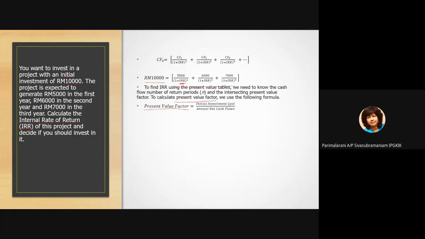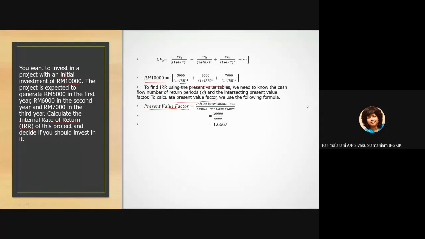What is our initial investment cost? $10,000. What do you think is our annual average net cash flow? What's our average cash flow? 5,000 plus 6,000 plus 7,000 is 18,000, right? Divided by 3 is 6,000.